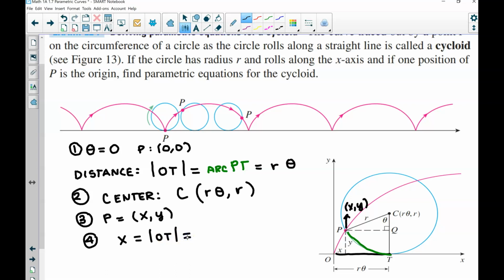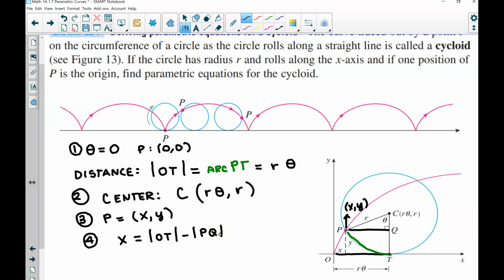In order to find this distance, you have to subtract PQ, the distance of PQ.